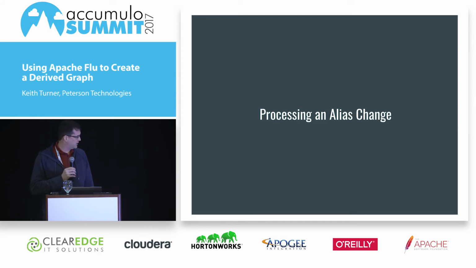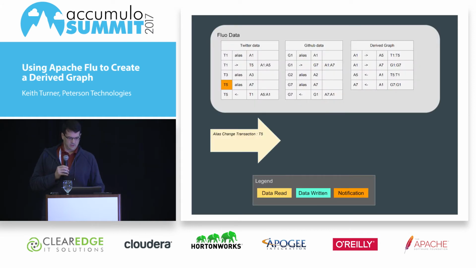So the next set of operations I want to talk about is how you would do the alias change in Fluo. To set up this scenario, there's a transaction executing as part of a notification. The reason it's executing is because the alias for T5 was changed. So let's assume that T5's alias used to be A5, and something changed its alias to A7 and set a notification.